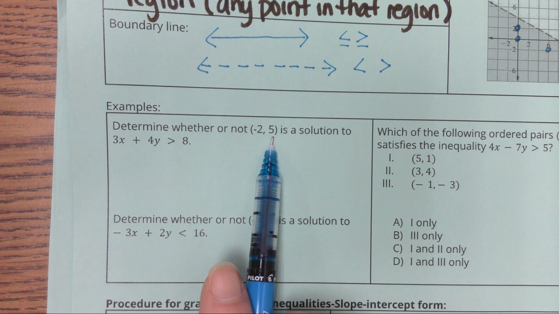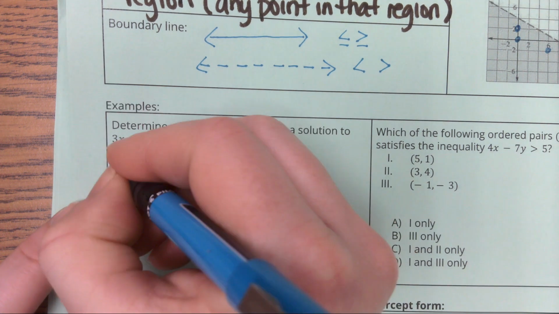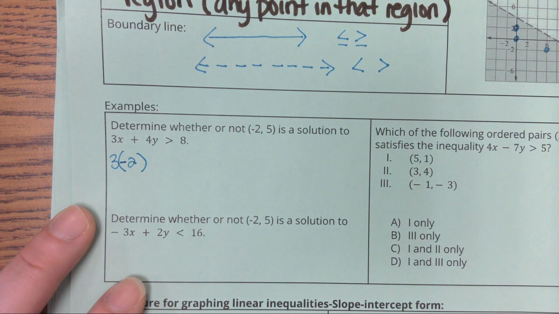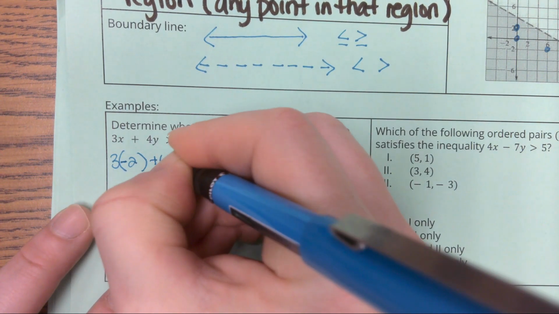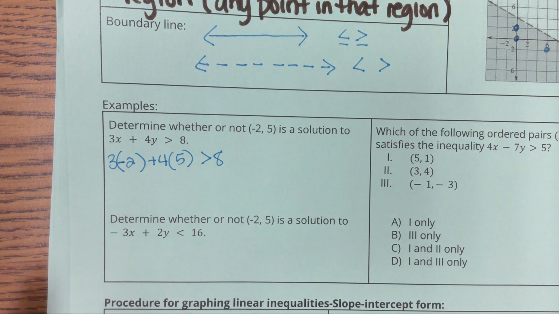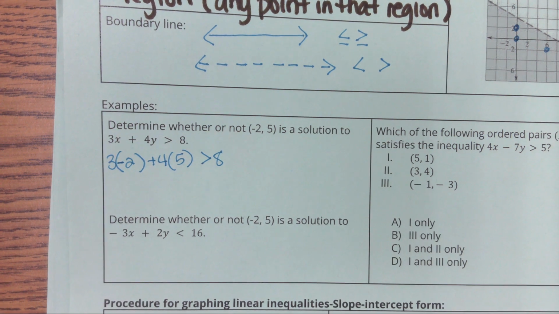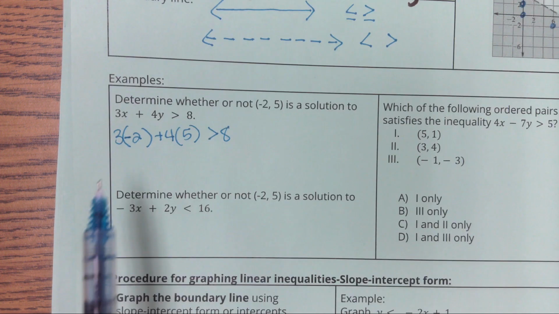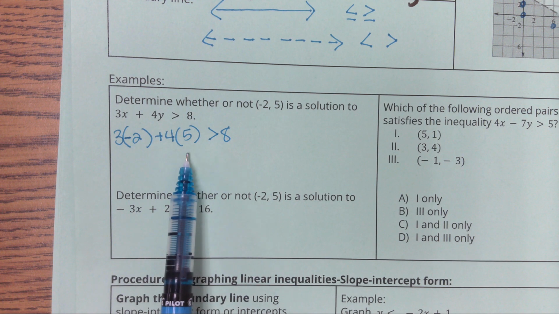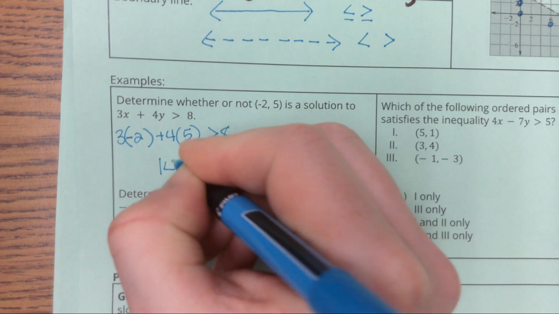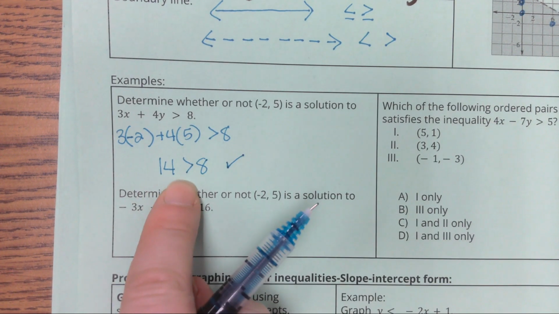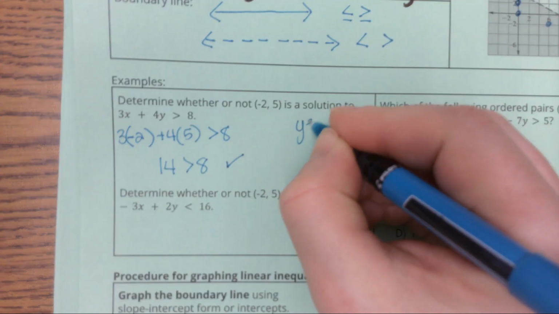Okay, so let's go ahead and replace them for x and y. And I'm going to write this out here. I'm checking, does this make this inequality true? Okay, what is 3 times negative 2? Negative 6 plus 20 is 14, is greater than 8. That is true. 14 is greater than 8. The answer is yes.